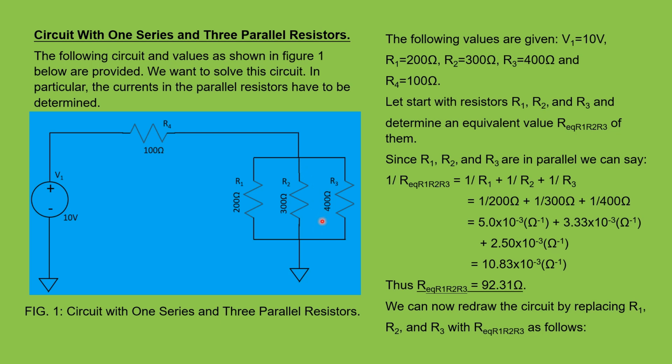So let's start with R1, R2 and R3, and we can determine the equivalent resistance, which we will name R equivalent R1, R2, R3.